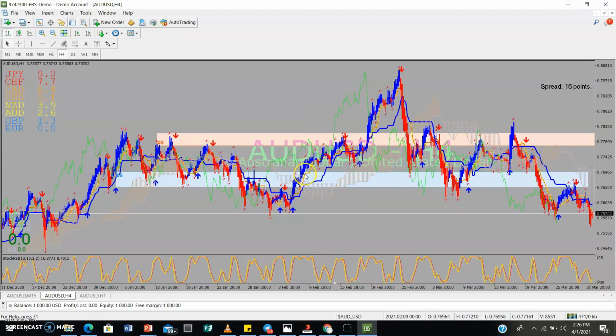Right, as you can see, the moment I get this red arrow, I know for the next 4 hours I will be in profit. Why?